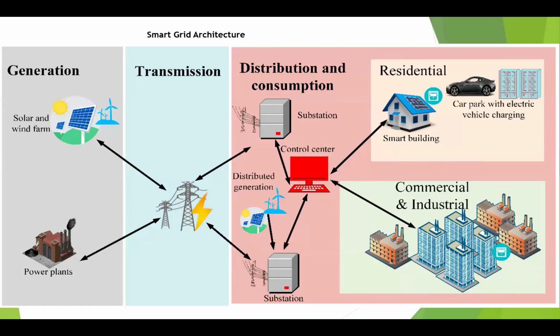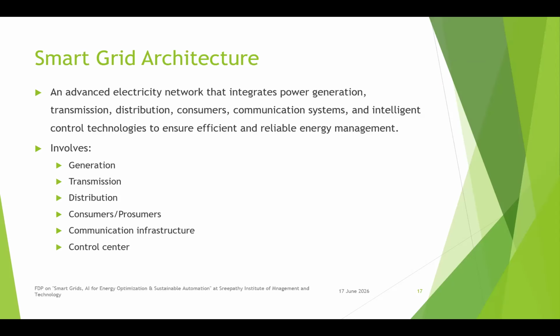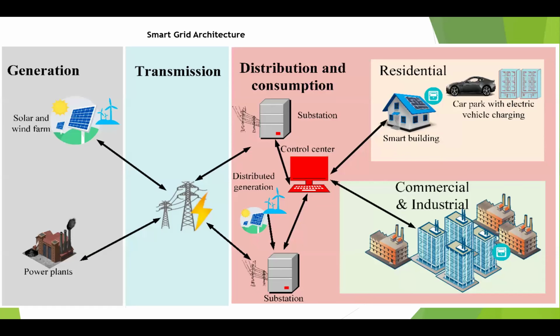So this is the architecture of the smart grid. It has an advanced electrical network, and it involves generation, transmission, distribution, then consumers, and communication infrastructure, and mainly the control center. This is the structure of the smart grid architecture.